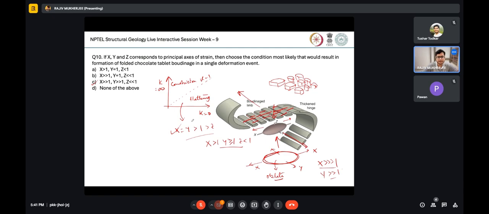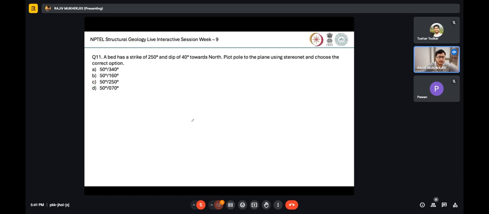Okay. Next question. A bed has a strike of 250 and dip of 40 towards north. Plot the pole to the plane using a stereonet and choose the correct option. So it is quite easy. The bed has a strike of 250 and dip 40 towards north.